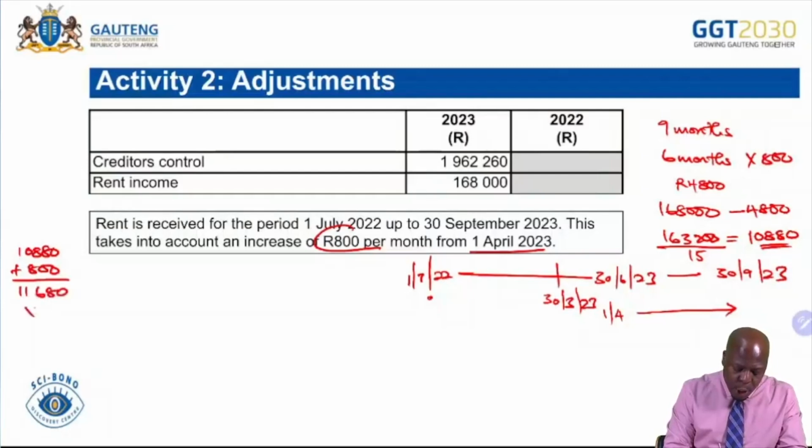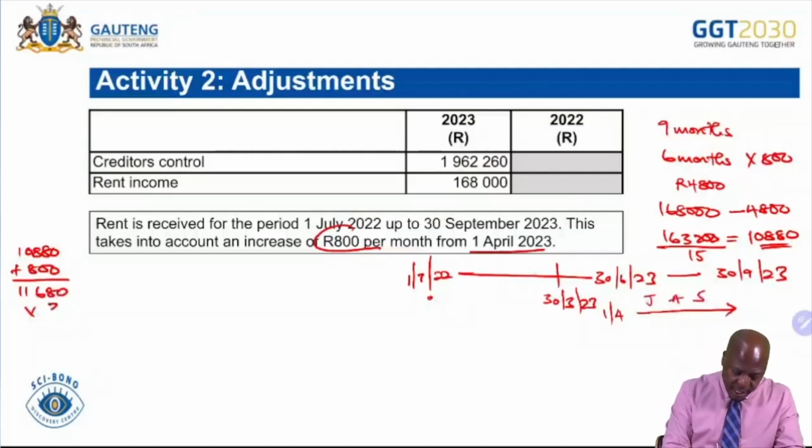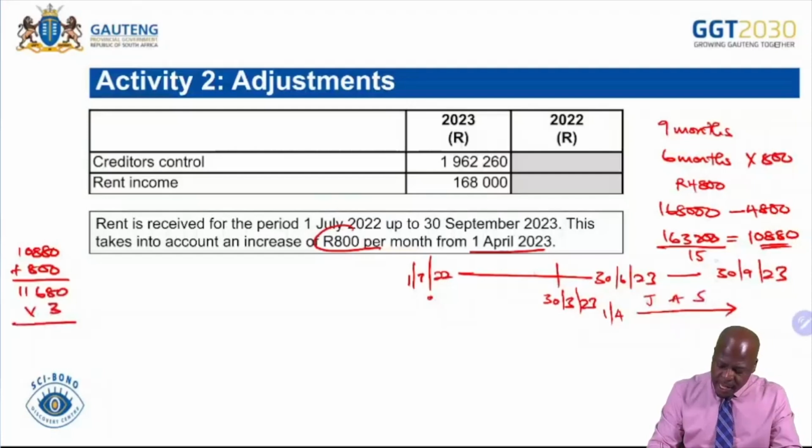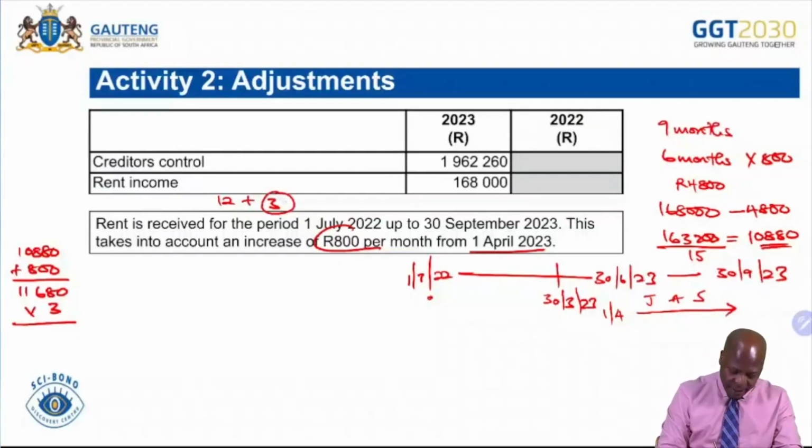Then you now say your 10,880, which is your rent before increase. If you then add the increase of 800, that means rent after increase was 11,680. And your months that have been paid in advance are from the month of July, August, and September, which is 3 months. Hence, here we ended up saying 15, because you had 12 months, then plus the 3 which have been received in advance.